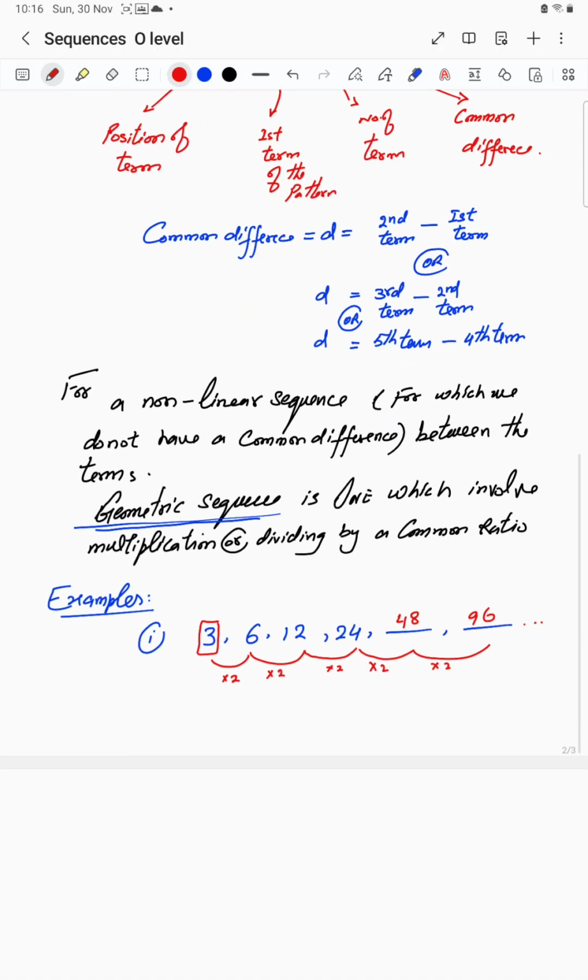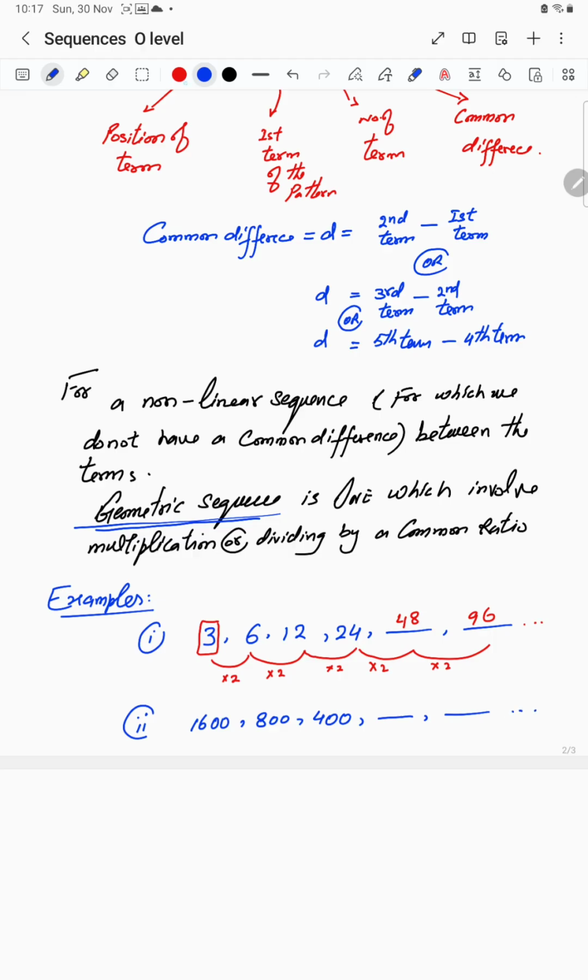Okay, take the second example. One more example. Here suppose we have 1600, then 800, 400, and so on.